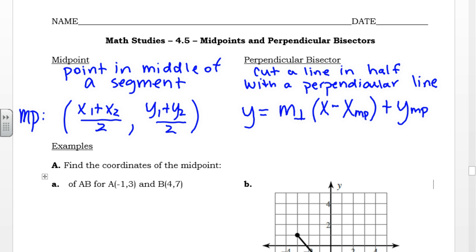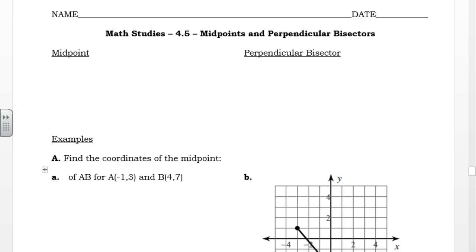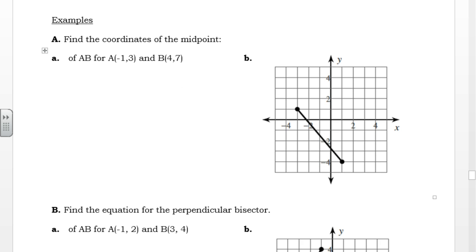Let's do the first example, which is just midpoint. So again, we're averaging the x's and we're averaging the y's. Here's x1, y1, x2, y2.